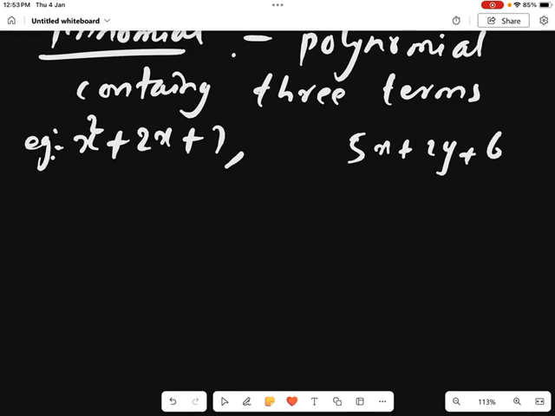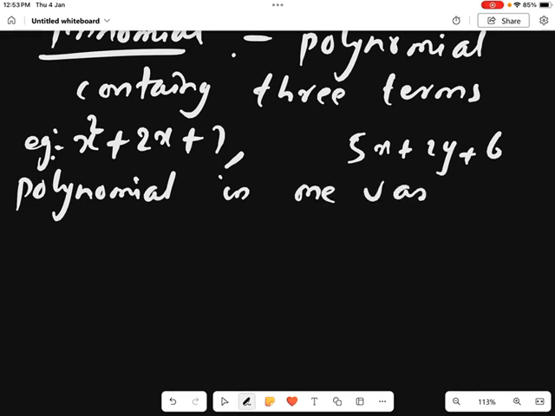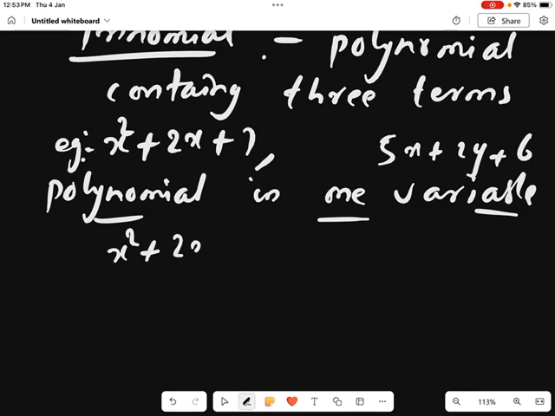And next is polynomial in one variable. A polynomial can contain one term, two terms, three terms, etc. Polynomial in one variable, example: x square plus 2x plus 7.